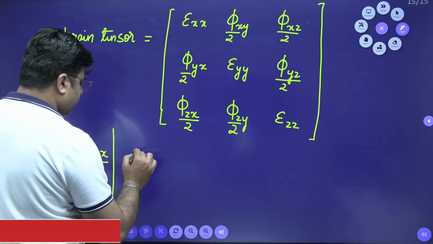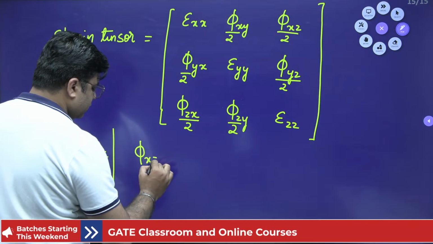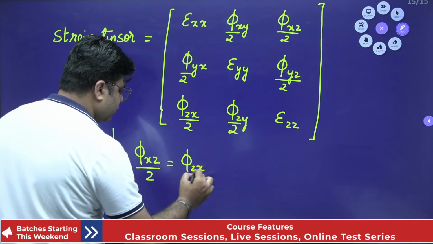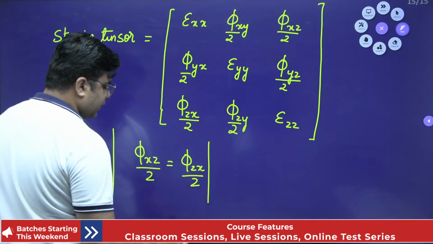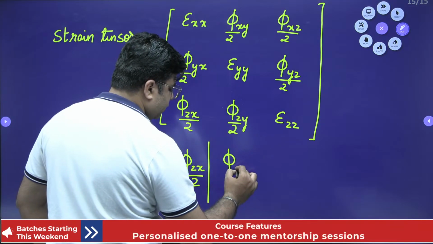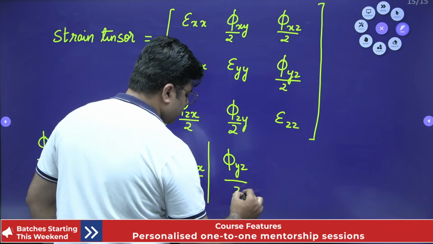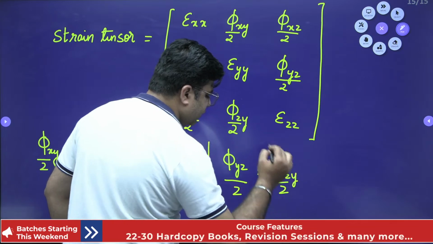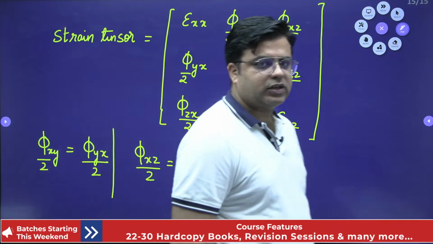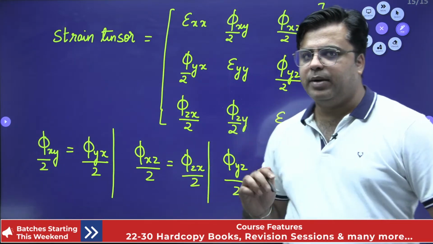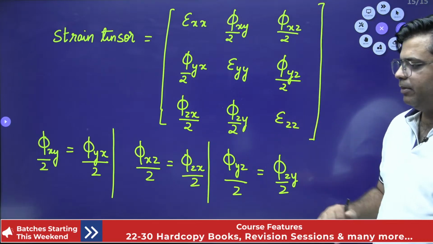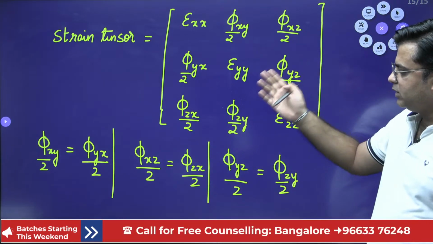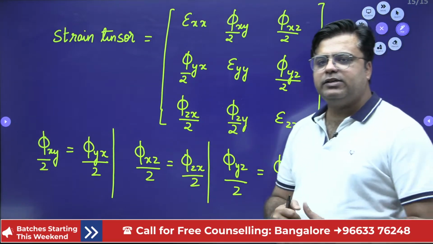Similarly, phi xz by 2 is equal to phi zx by 2, and lastly phi yz by 2 is equal to phi zy by 2, right? So this is how you simply write the strain tensor for all the elements, and this strain tensor can be used to analyze GATE questions. So if any GATE question comes from the strain tensor, I think it is very easy for you to solve this.